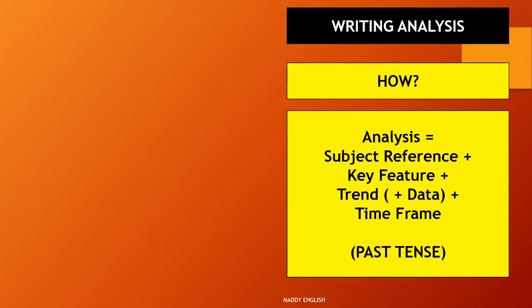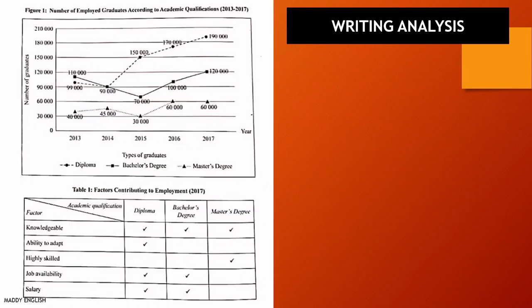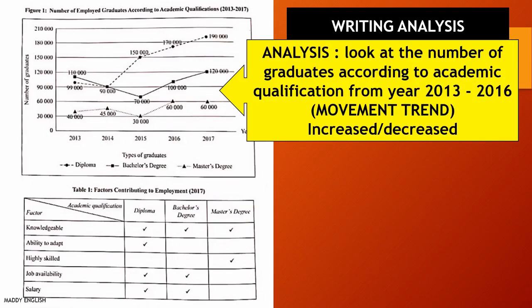Now, how to write analysis? Analysis is a form of subject reference, key feature, trend, plus data, and time frame. And they are to be written in past tense. Writing the analysis, the candidate can look at the number of graduates according to academic qualification from the year 2013 to 2016.